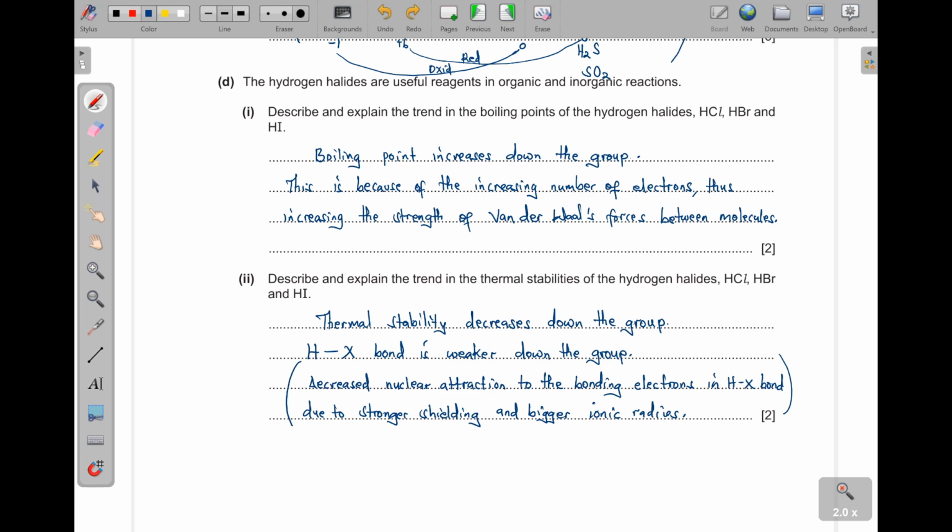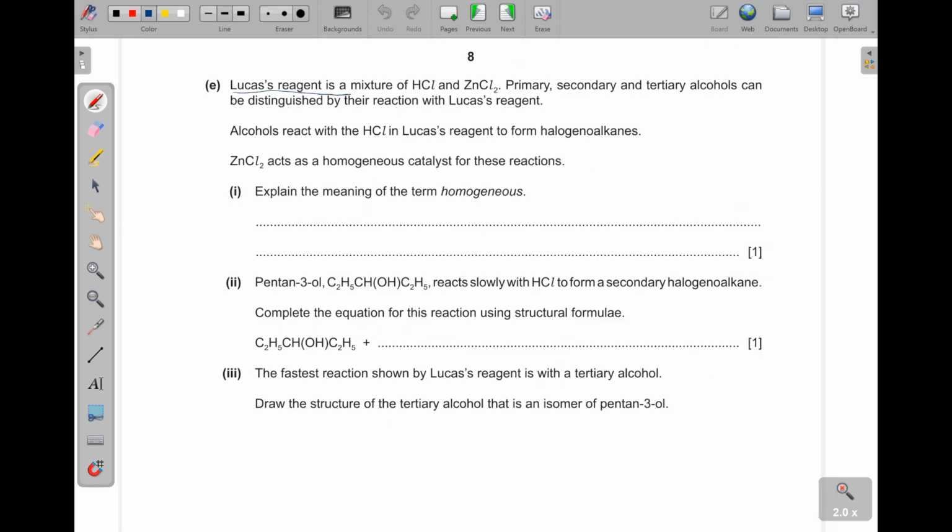Part E, Lucas's reagent is a mixture of HCl and zinc chloride. Primary, secondary, and tertiary alcohols can be distinguished by their reaction with Lucas's reagent. Alcohols react with HCl in Lucas's reagent to form halogenoalkanes. So zinc chloride acts as a homogeneous catalyst for these reactions.